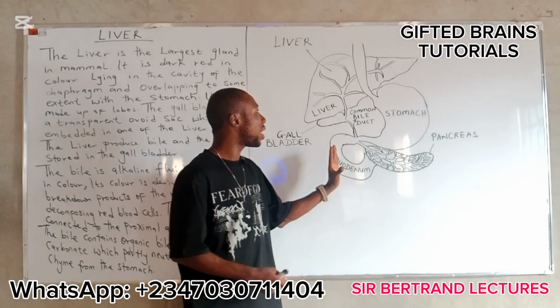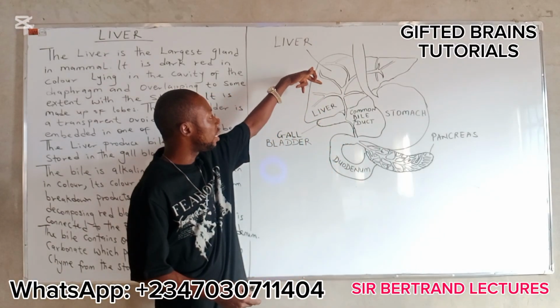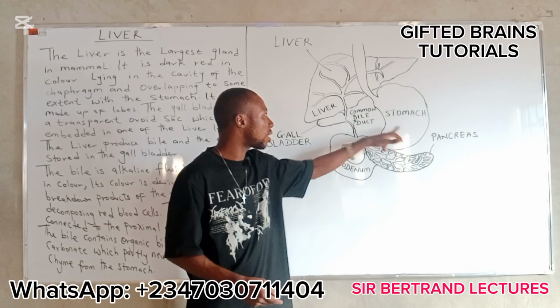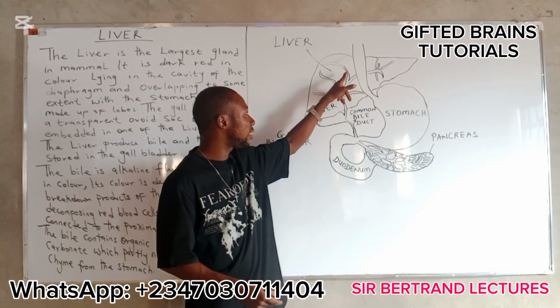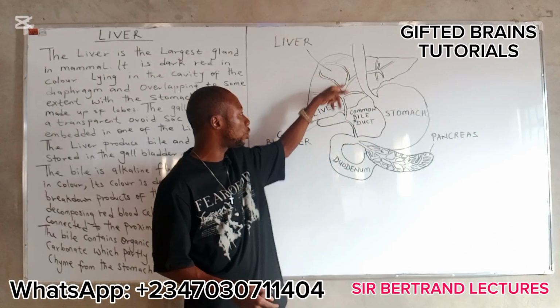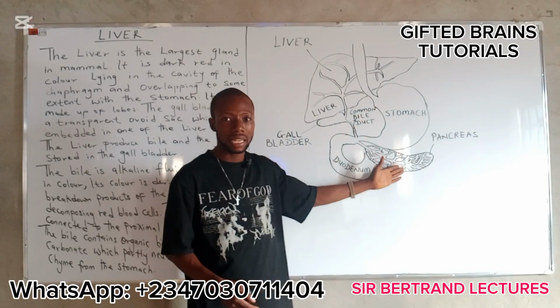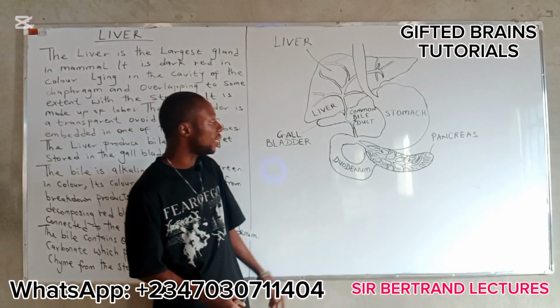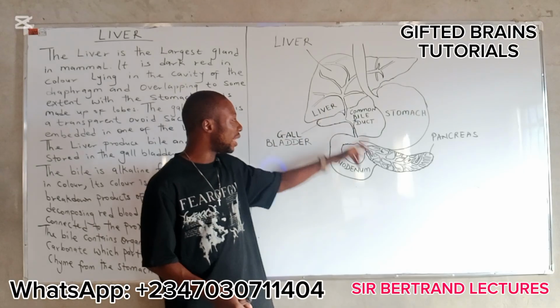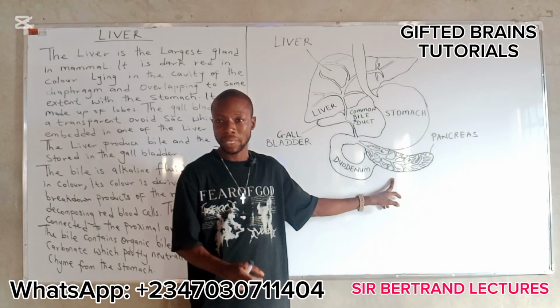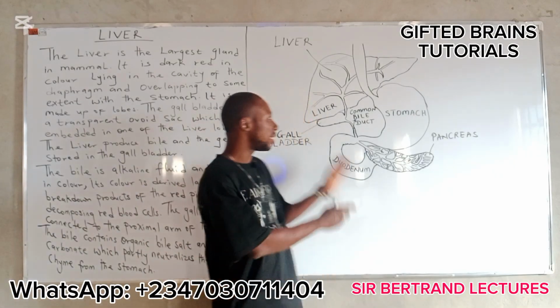In the diagram we have here, we have the liver, the stomach, the gallbladder, the hepatic ducts, the common bile ducts, then the duodenum and the pancreas. The liver and the pancreas are typical examples of glands in the diagram.